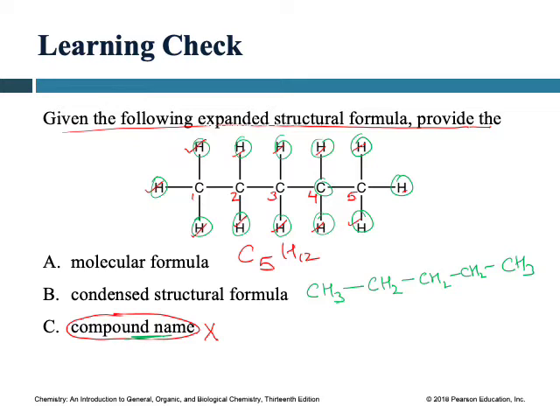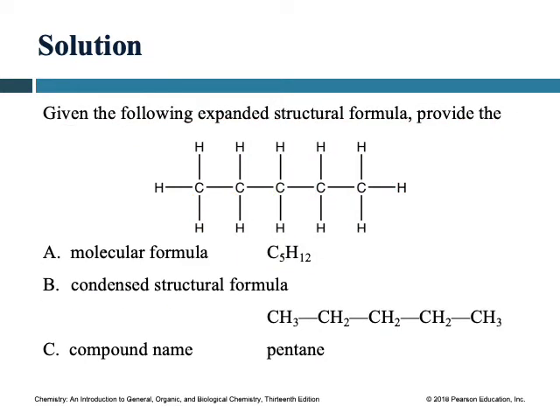So the 1, 2, 3, 4, 5, the name is pentane, but you're going to learn how to name all these alkane compounds. Okay. So now next slide. This is the solution that is already given, right? You can see the solution already over here, but I already solved it for you in the previous slide.